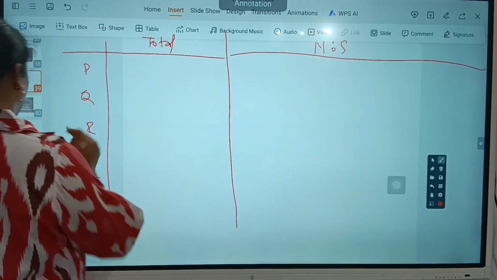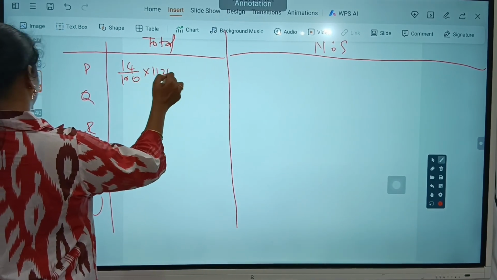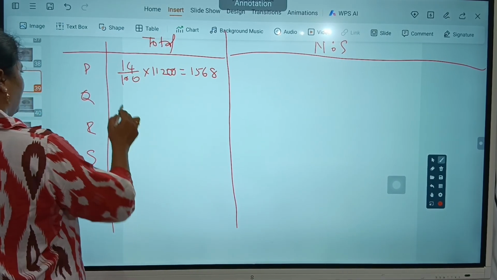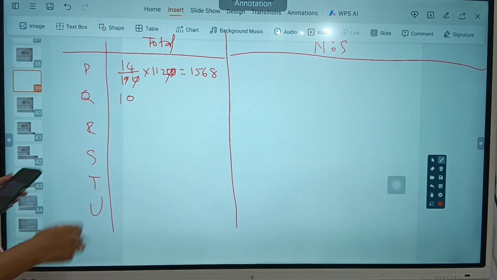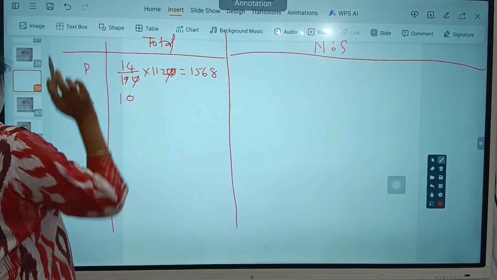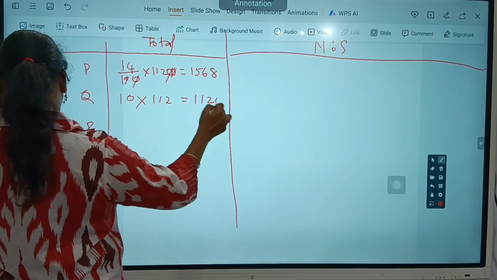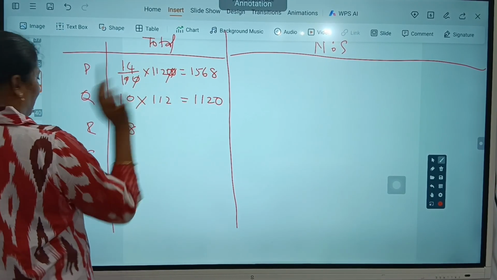Okay, in P it is 14 by 100 into 11,200. This is nothing but 1568. Again the same formula, instead of cutting off zeros we will directly take this value and this value. So in Q store it will be 10 into 112, 1120.